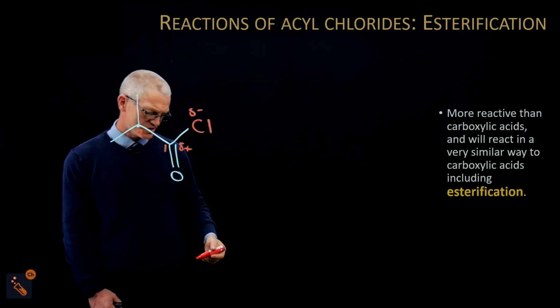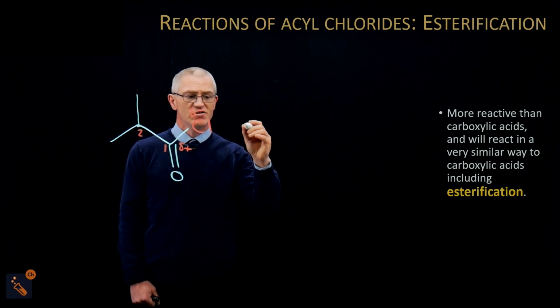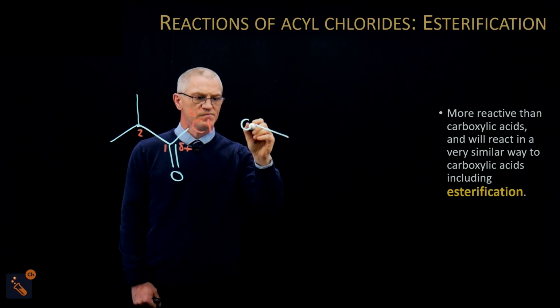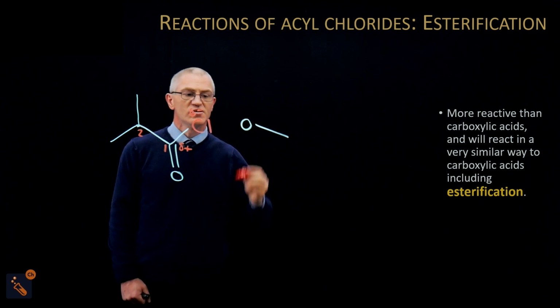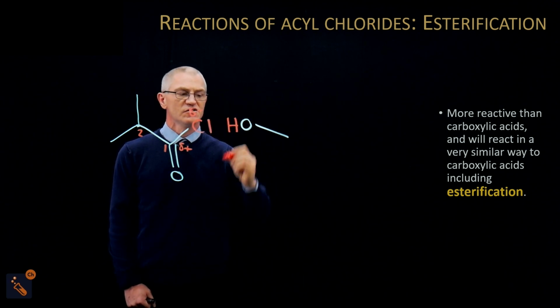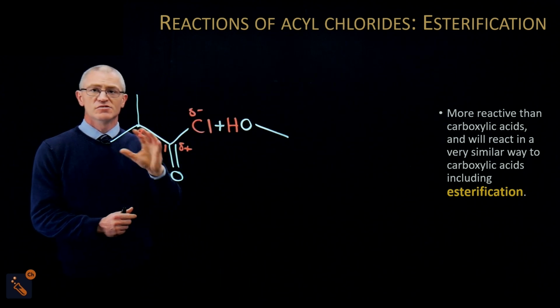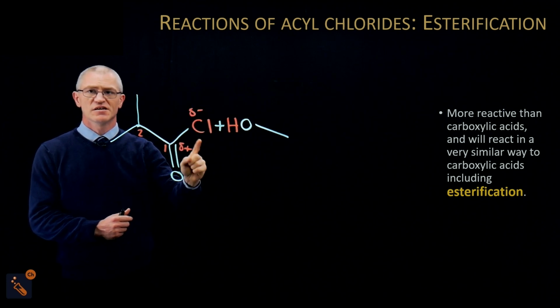And then we react that with our alcohol. Our alcohol is going to be methanol. I'm going to deliberately draw the H in red, and you can see that there. So we've now got our alcohol plus our acyl chloride, and they're going to react.